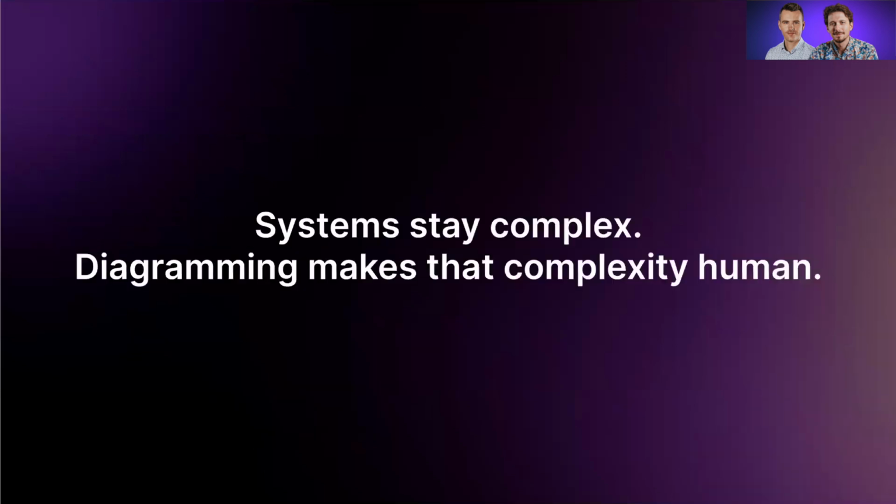All right, so systems stay complex. Diagramming makes the complexity human. Everything we said today shows you that we cannot simplify some system. It has to be complex because it is for complex things. So diagrams need to deal with this complexity. We need to introduce certain techniques to make it more readable for the human.